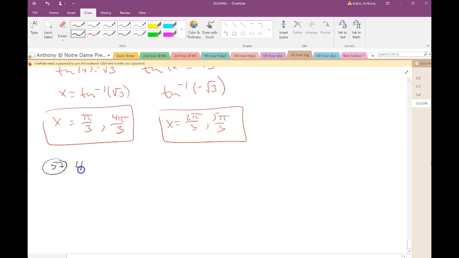Here they get a little bit trickier because you have to do some factoring for some of these now. So for this one, I'm going to pretend that y is the same thing as cosine x.